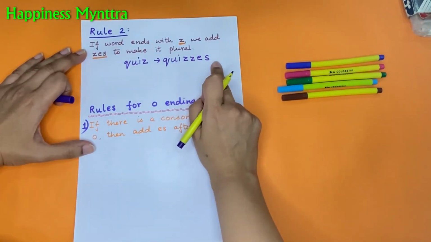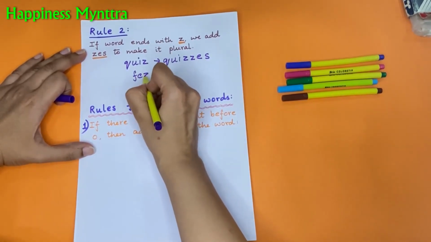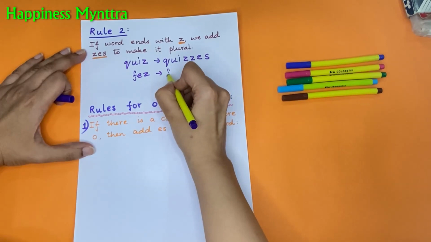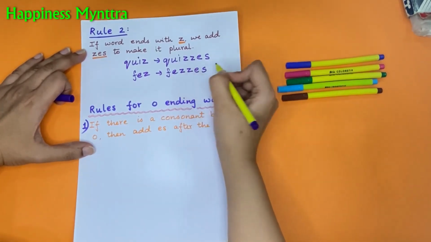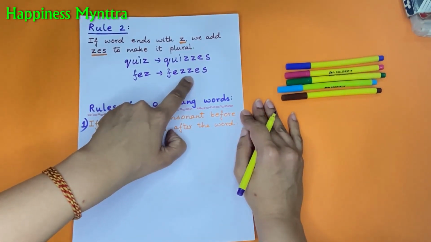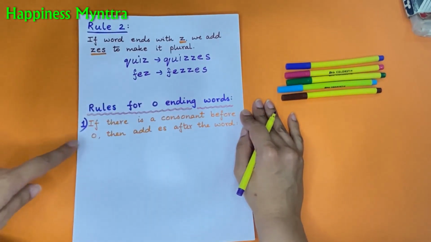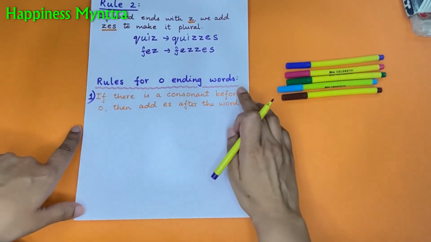This is the actual spelling for quizzes. It is not Q-U-I-Z-E-S. Similarly, fez becomes fezzes. So we'll double the z and then add es. Remember this.